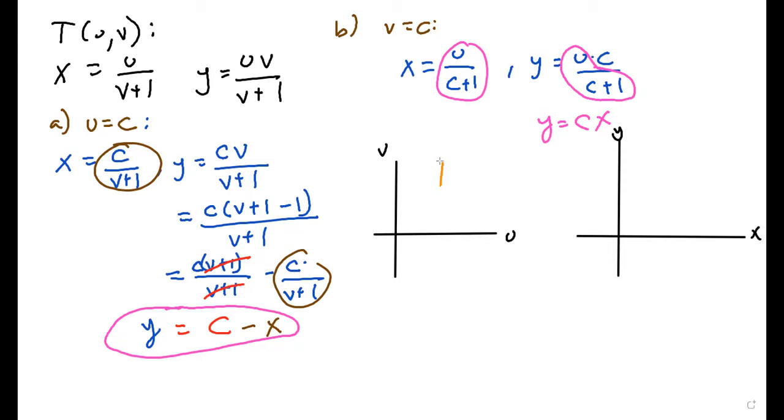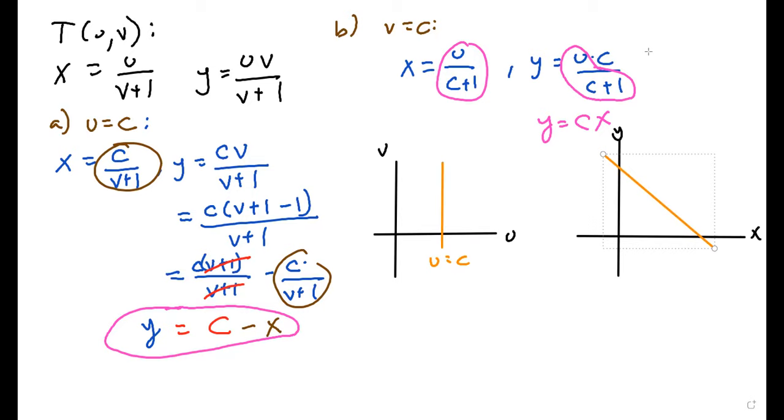For part A, this vertical line here is u is equal to a constant, and that's going to go to something of the form y is equal to c minus x. That is going to be a line of slope -1 with x and y intercepts at c.